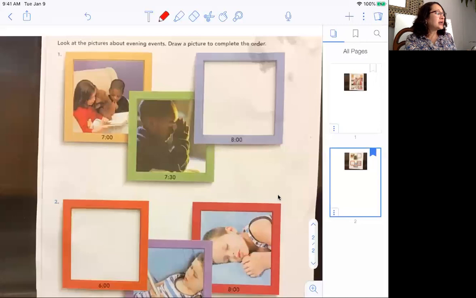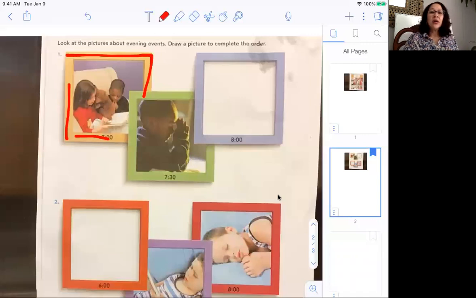So we're talking about 7:30. So let's take a look. At 7 o'clock, it looks like the children are doing a little bit of reading. You see the yellow frame here? I'm going to trace the yellow frame so you know which one I'm talking about. Do you see that? Okay, that one says 7 o'clock, right?